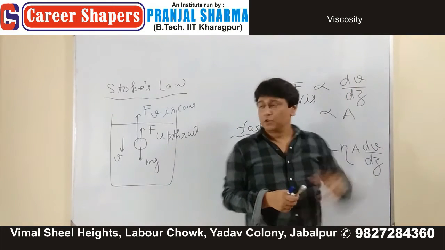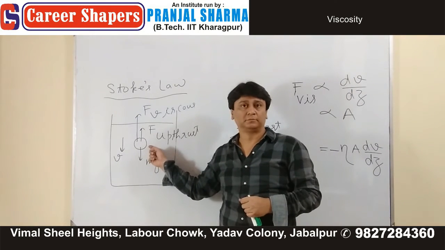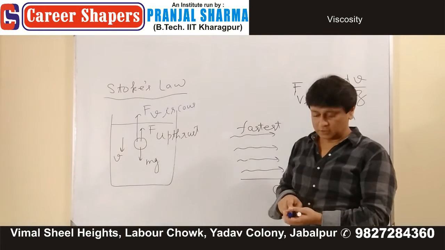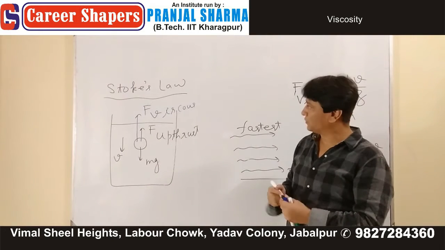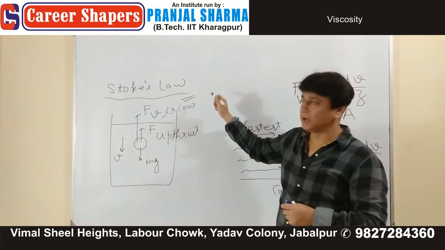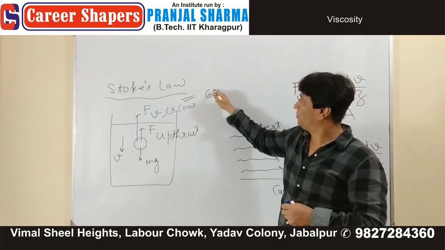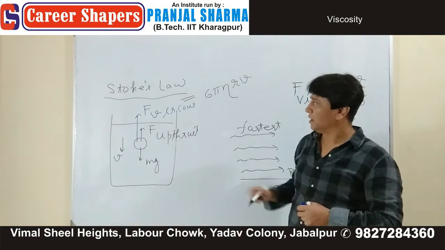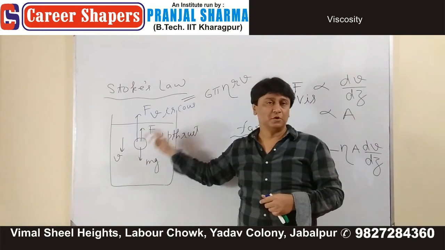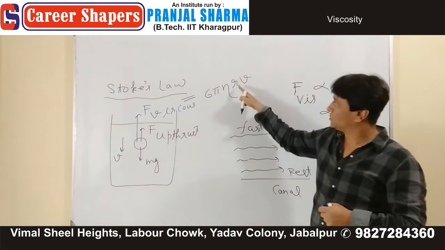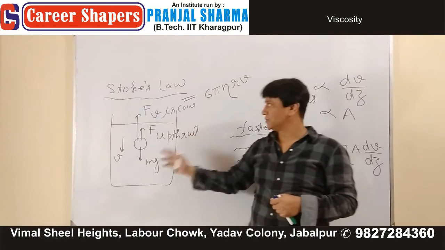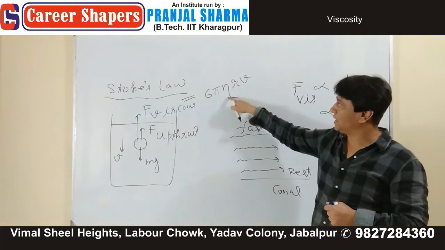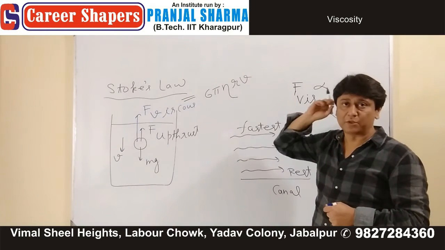Velocity gradient. Faster it moves, greater will be what? Viscous force. So what did Stokes find? He found that this viscous force is basically 6 pi eta r v, where r is the radius of this thing. So if you have a spherical ball, its radius is r, then he observed that the viscous force is given by 6 pi eta r v. You need to remember the result.